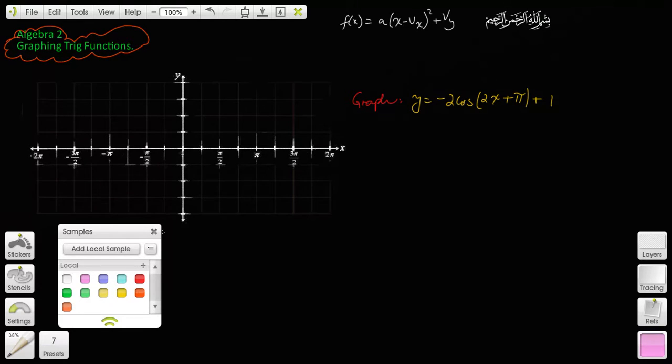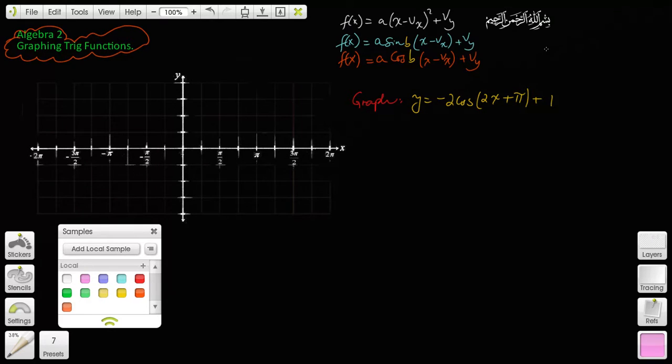So we've studied, for example, the sine curve. I have given to you the general equation for the sine curve, which is a times the sine of, I'm going to highlight this b over here, b times the quantity x minus vx, plus vy. And then the cosine general equation for the cosine curve: a times cosine of b times the quantity x minus vx, plus vy.